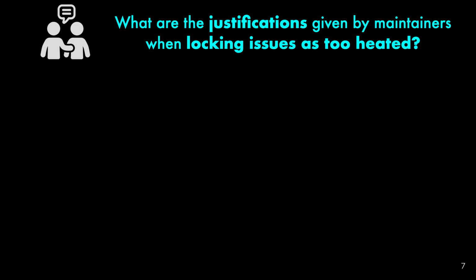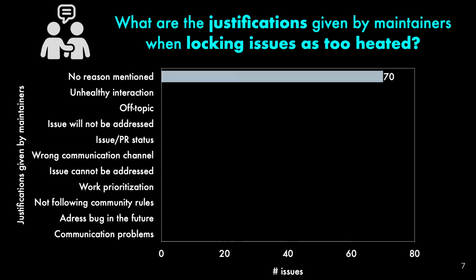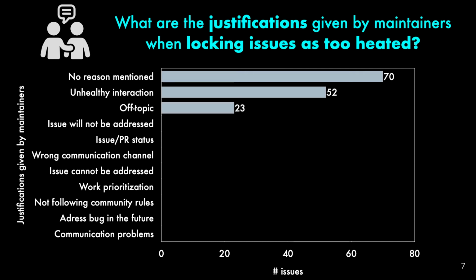Through our manual analysis, we found 10 categories of justifications given by maintainers, and in 70 issues, no justification was given. As expected, 52 issues were locked due to unhealthy interactions, such as the conversation violating the code of conduct, and surprisingly, although the issues are locked as too heated, 23 of them were justified by the maintainers as being off-topic.